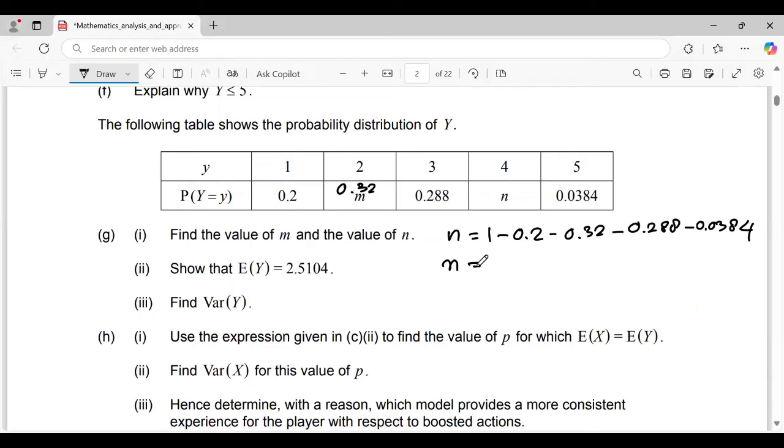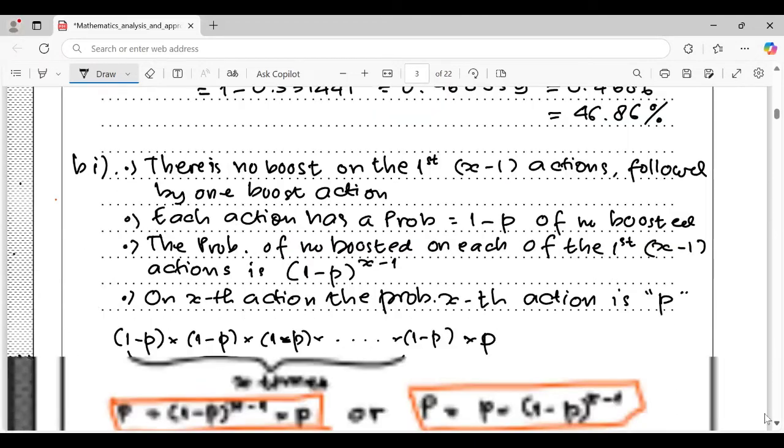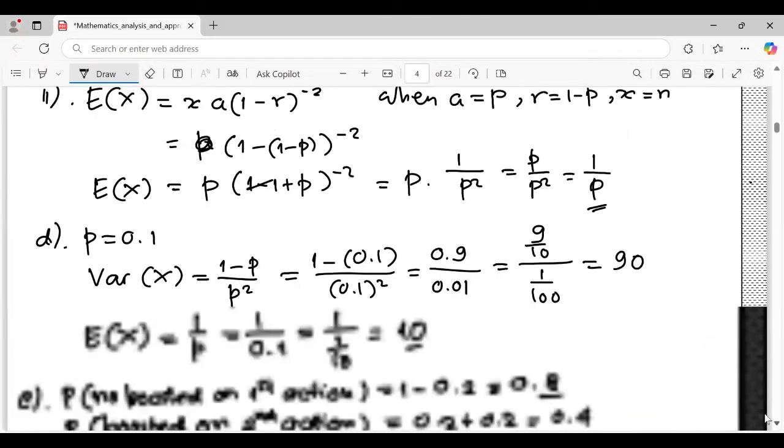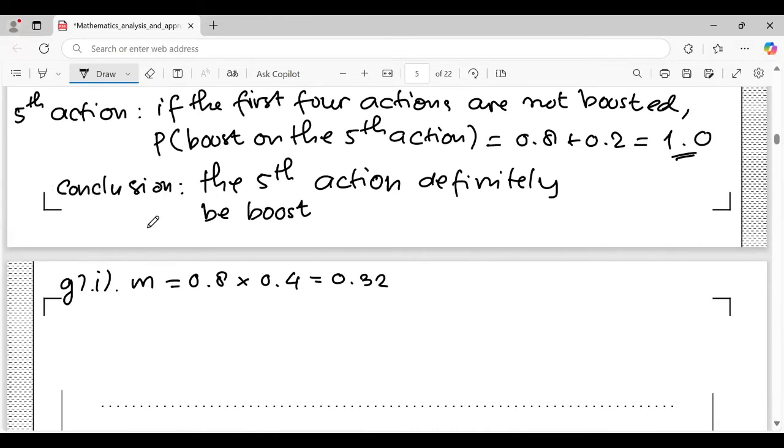I have calculated this on my calculator, N equals 0.1536. So I have to write the solution here: N equals 0.1536.